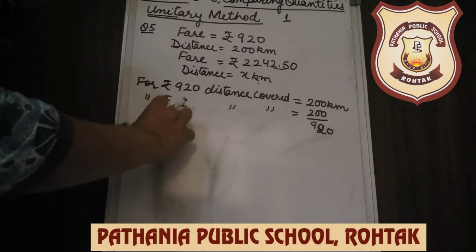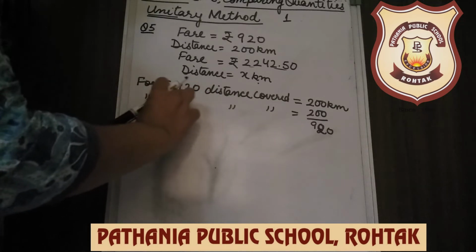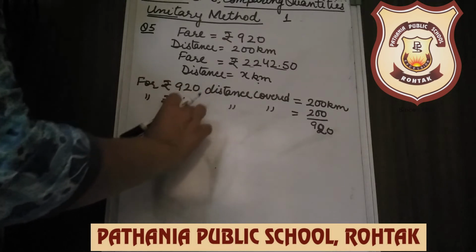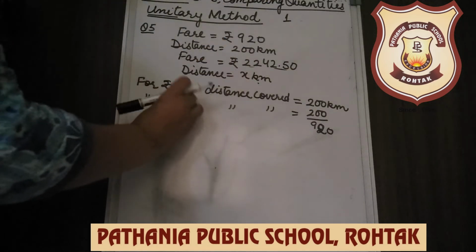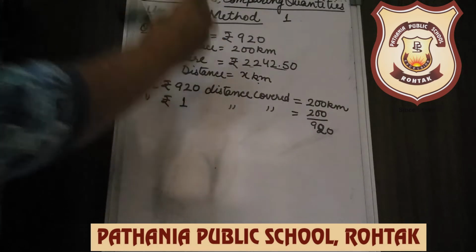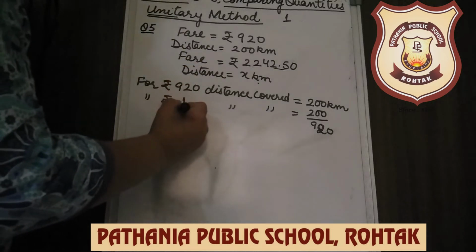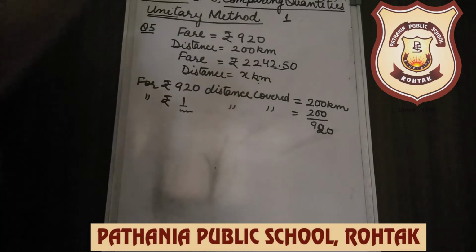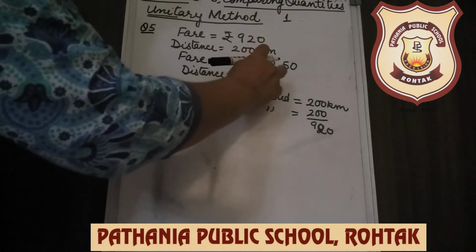That's why this is called unitary method. Means in every question you are first finding for the one thing, either for the 1 rupee, or if the statement is the other way, you have to find for the 1 kilometer. So the second step will always be calculating for the 1. That's why it is called the unitary method. Now what is the cost given?